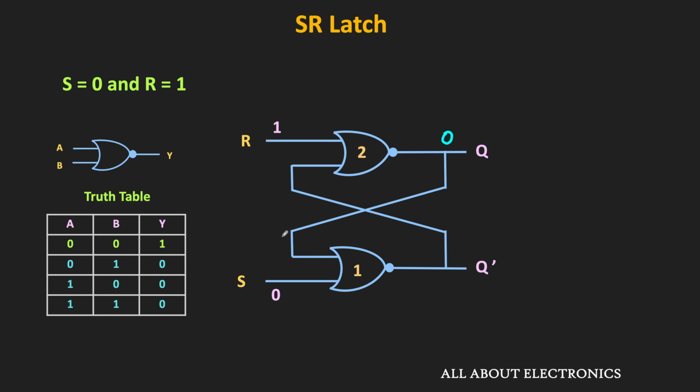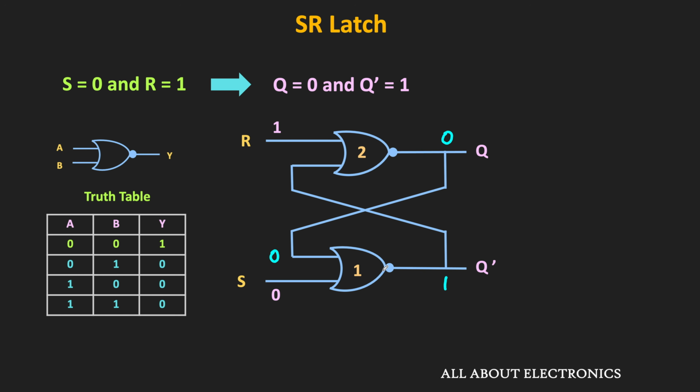And the same 0 will also appear over here. That means now both inputs of this first NOR gate are equal to 0, and therefore, as per the truth table, the output of the first NOR gate will be equal to 1. That means in this case, when S is 0 and R is 1, then Q is equal to 0 and Q bar is equal to 1.